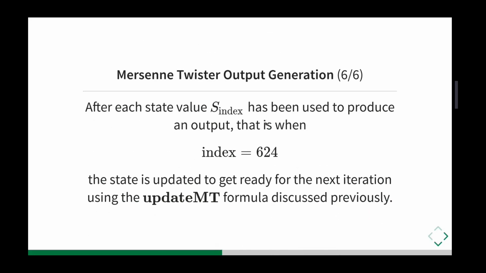So after each state value has been used, I mean, when the index reaches this point, 624, the state update step that I described previously takes place. And so all the state values are updated to the next ones with the update MT formula, a different function. So overview so far, we introduced 3 functions.